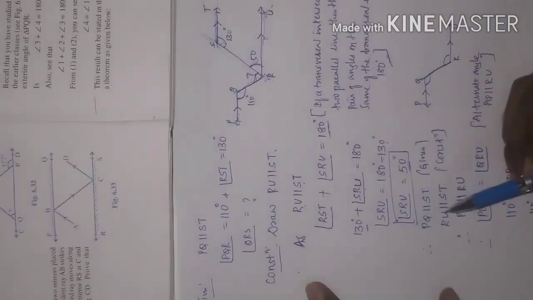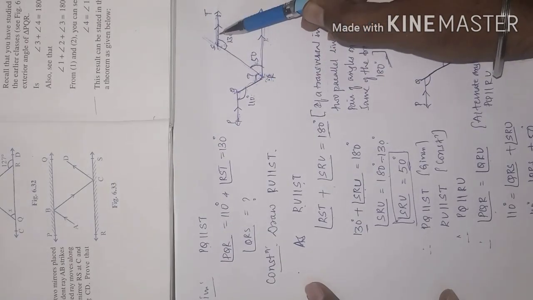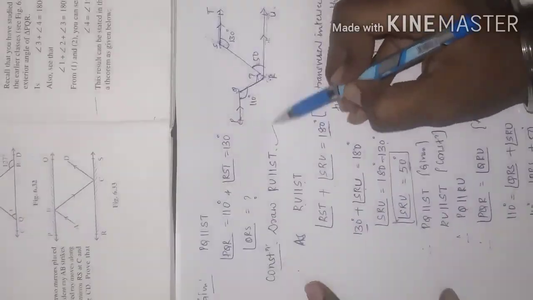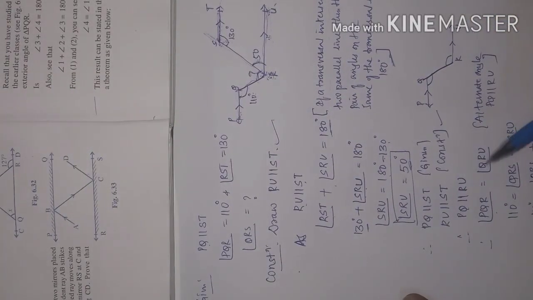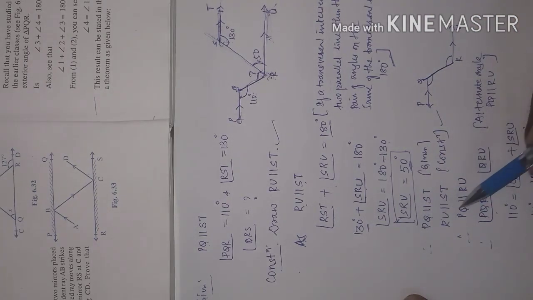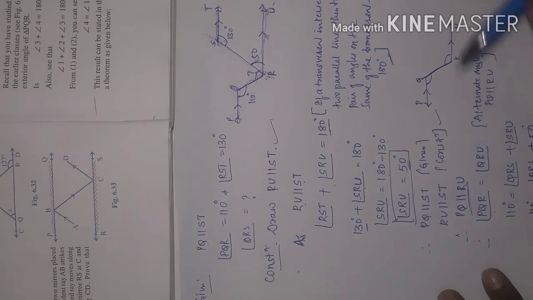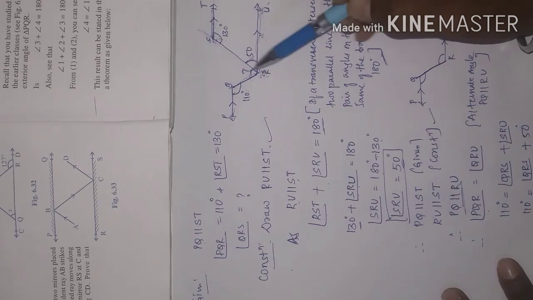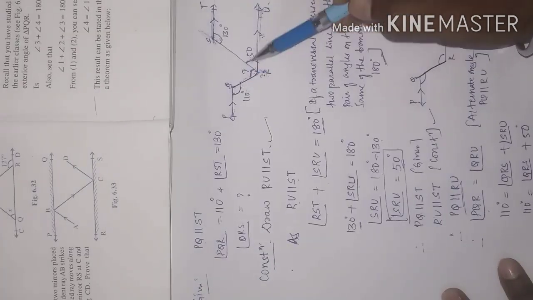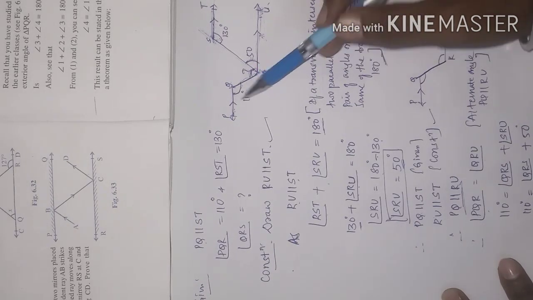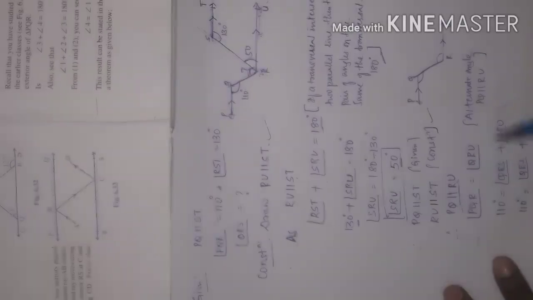Now as PQ is parallel to ST, which is under the given part, and ST is parallel to RU, which is under the construction part, it means PQ is parallel to RU. Now because of the theorem, angle PQR and angle QRU are equal because of alternate angles.